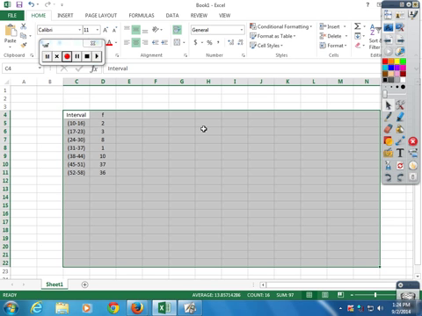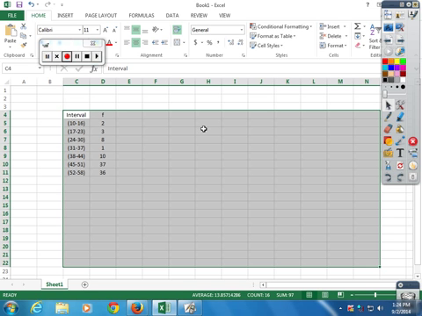The first one is going to be called lower class limit, upper class limit, and then frequency, and the next one is going to be called X, which is your mid-range. So go ahead and draw those out.